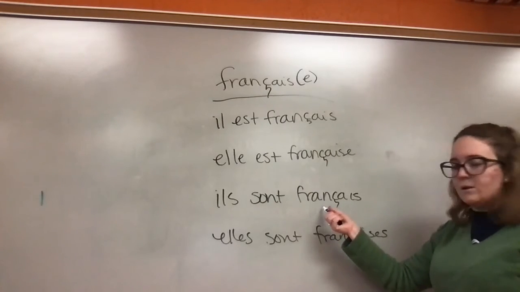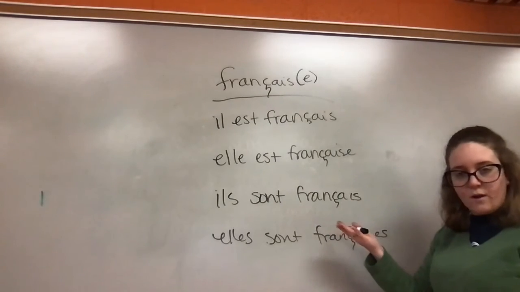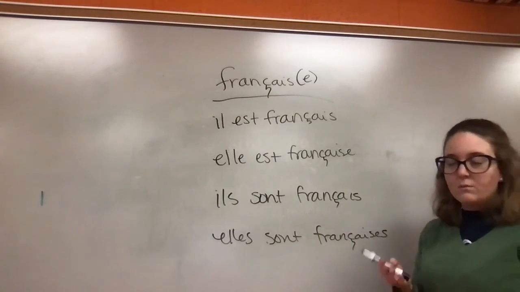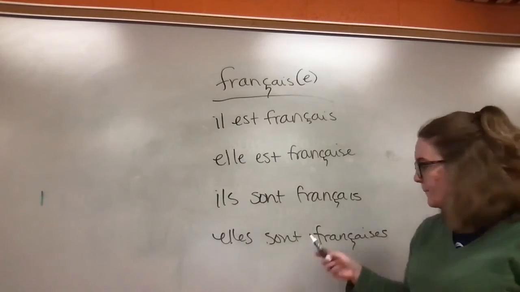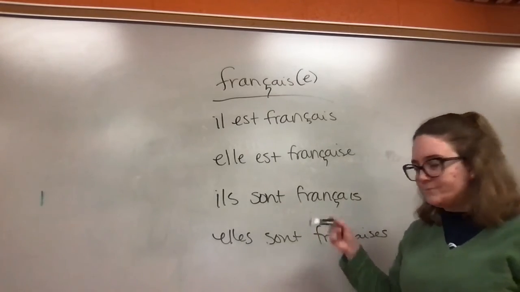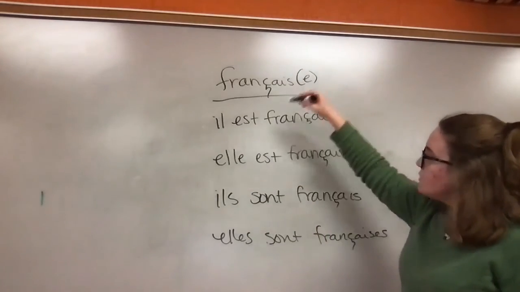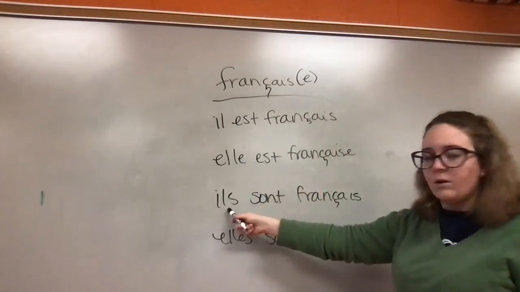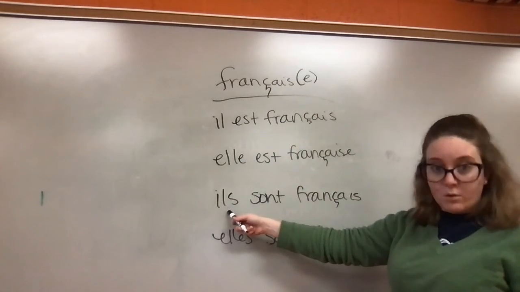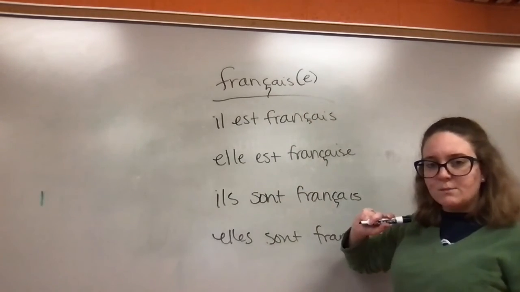Now, look at this one. This one is a little bit different. And this is where you might think that I have made a mistake. But I am telling you I have not. So this is our masculine form. Here, we're dealing with a masculine plural form. So how do we usually make things plural?